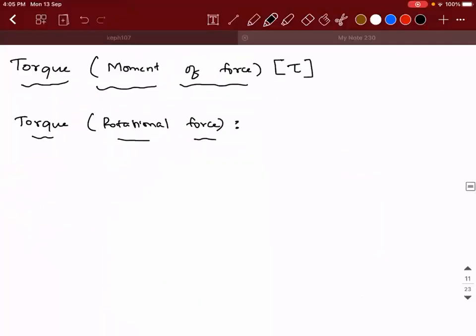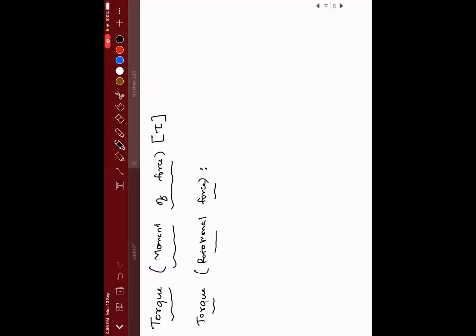Whenever I ask you a question, what is responsible for the translatory motion of an object? What is your answer? Is it not force?